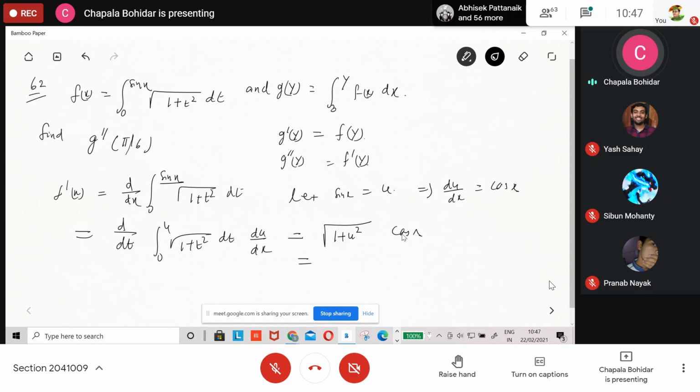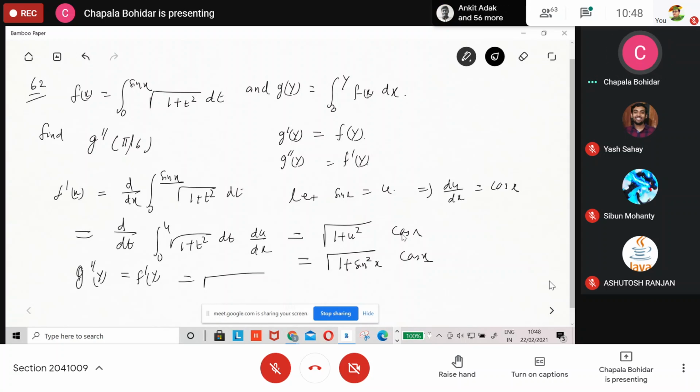So now take me the result. It is root over 1 plus sin square x, times cos x. I can write f dash x is equal to this. So g double dash y, if you change the variable to y, is root over 1 plus sin square y times cos y.